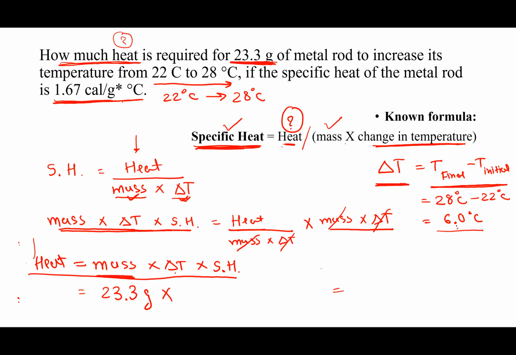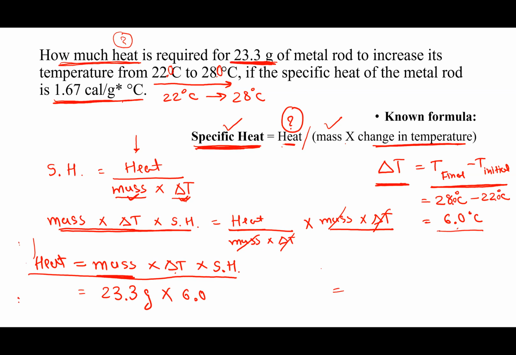Delta T is 6.0. Why do I say 6.0? If I wanted to give you a better question with enough significant figures, I should have given it in this form: 22.0 and 28.0, right? If I do that subtraction, as you may remember the rule for significant figures for subtraction, it must have the fewest number of digits after the decimal place.